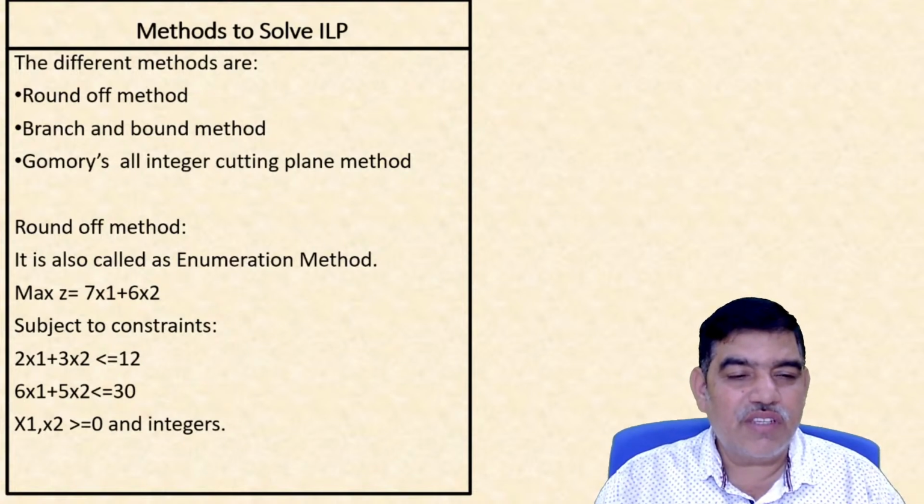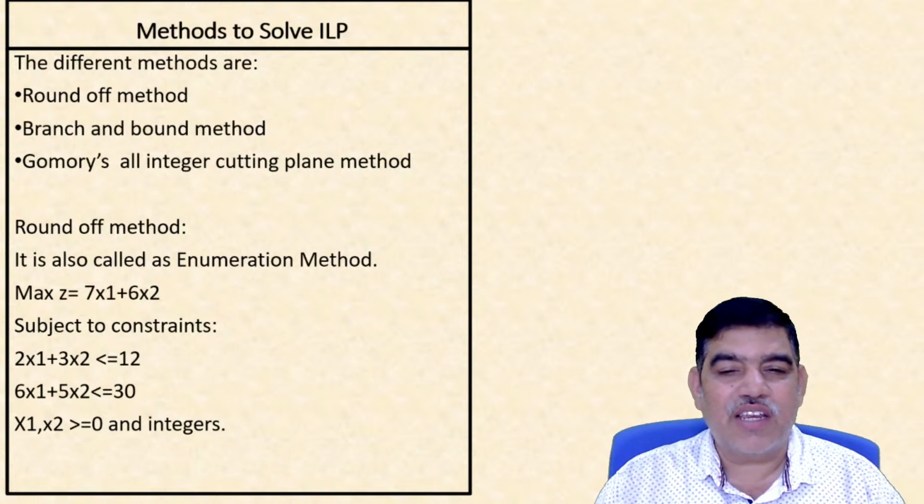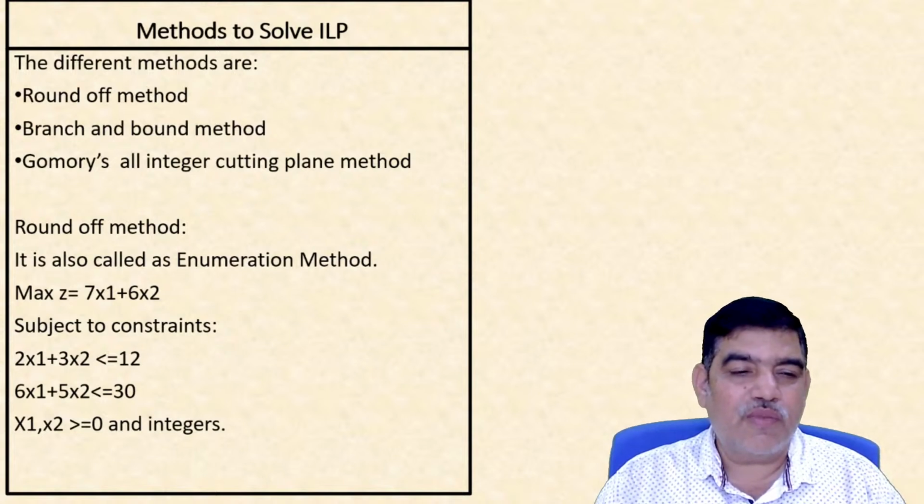Now it is required to find at least 2 points to draw a straight line, as we know, on graph paper. If I consider x2 equal to 0, then x1 becomes 12 by 2, that is 6. So you get the first point, 6 comma 0.